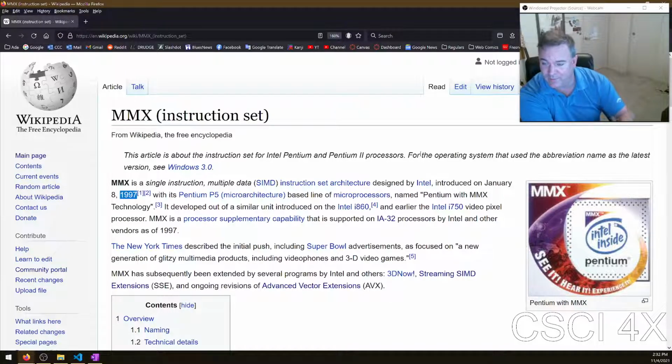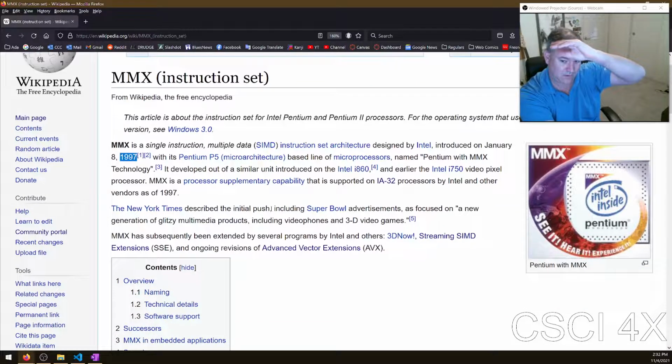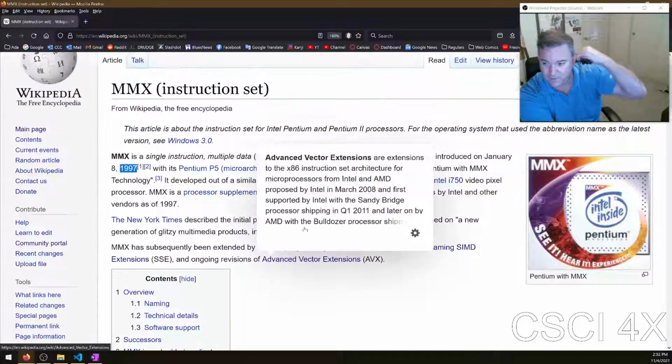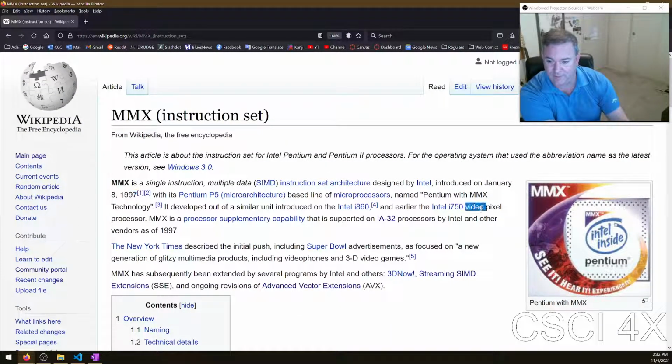97. Yeah, back when I was a junior in college. It was an attempt for Intel to kind of cash in on the 3D video gaming craze, right? 3D graphics exploded on the scene with Quake in 96, really.